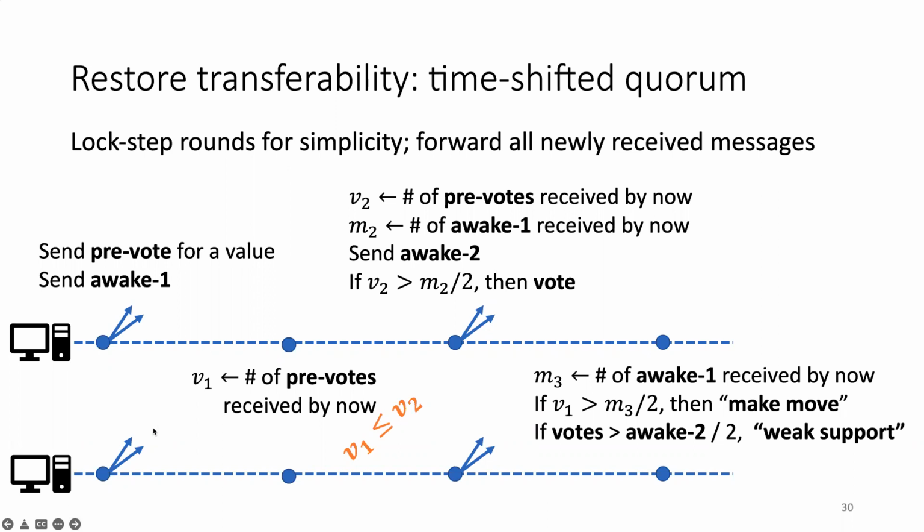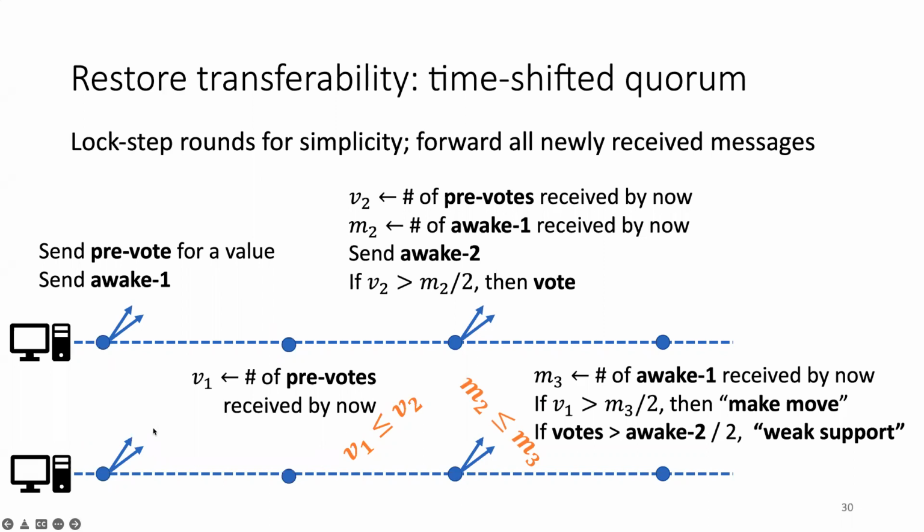So if the bottom node sees V1 votes here, it will guarantee that everybody will see in the next round what it saw in the previous round. So everybody's V2 is larger than that node's V1. For the same reason, everybody's M2 will be smaller than this node's M3, because if they saw a certain M2, they will send it my way.